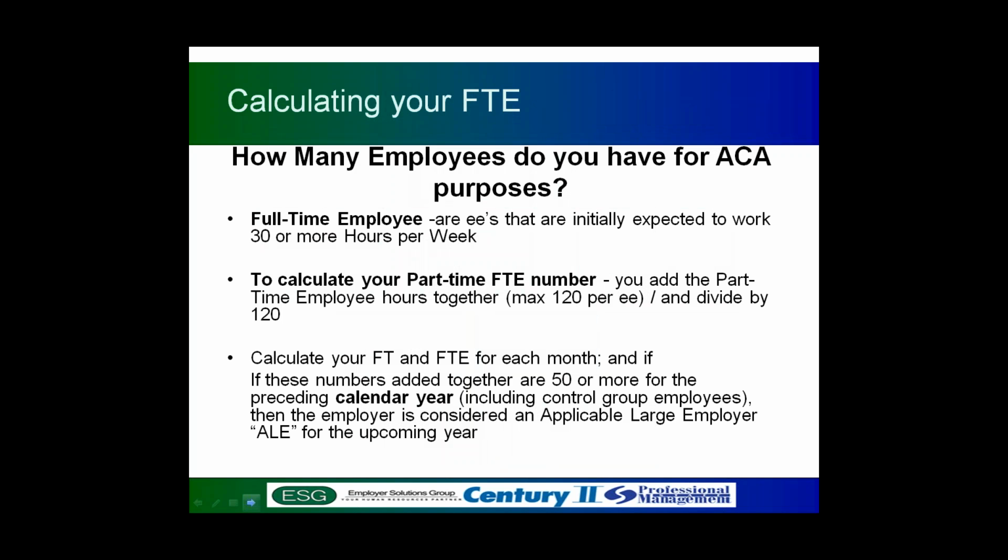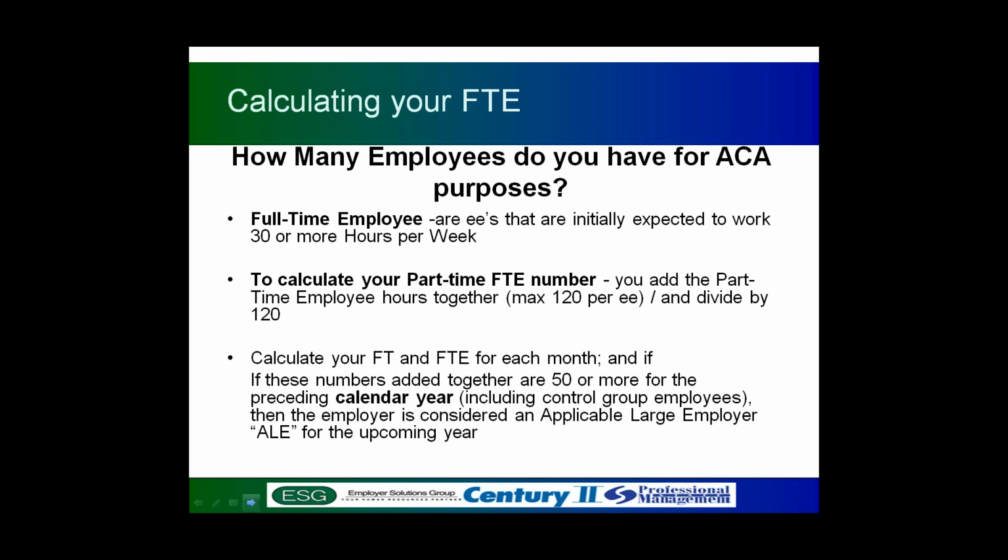Now, to calculate your part-time full-time equivalent number, you add the hours of all part-time employees together, and that is part-time hours worked during the calendar year, and you divide that by 120. And that will give you your part-time equivalent employee count.